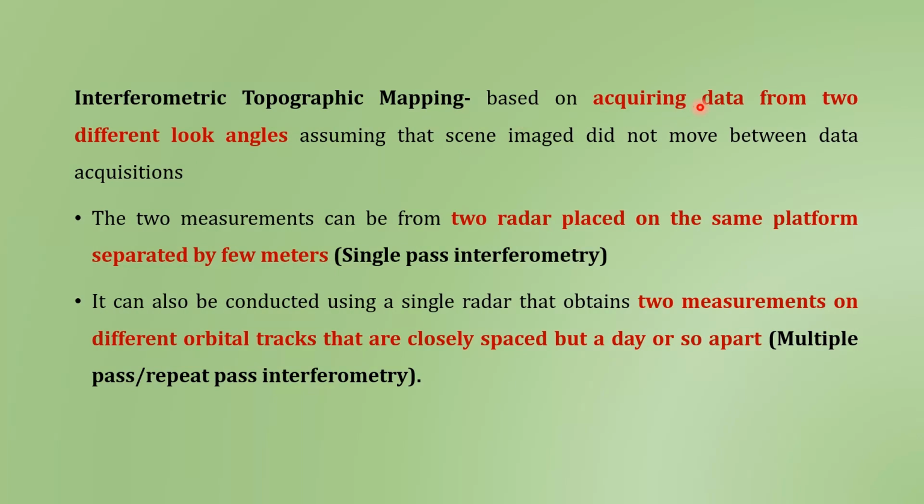These two measurements can be done from two radars placed on the same platform separated by a few meters, and it is referred to as single pass interferometry, or it can also be conducted using a single radar that obtains two measurements on different orbital tracks that are closely spaced but a day or so apart. Means here the flight direction of the aircraft is changed and the data is acquired at an interval of a few days, and this is referred to as multiple pass or repeat pass interferometry.